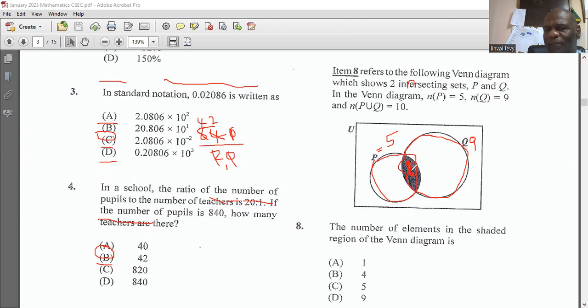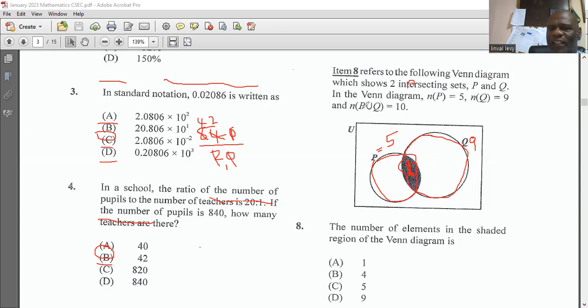So that's both. Let's say they do math, so all the students in here would do both math and physics. So they share both sets. Good. But the total number in all of this is 5. The total number in Q is 9. So they say the number of elements in the shaded region of the Venn diagram is 5.